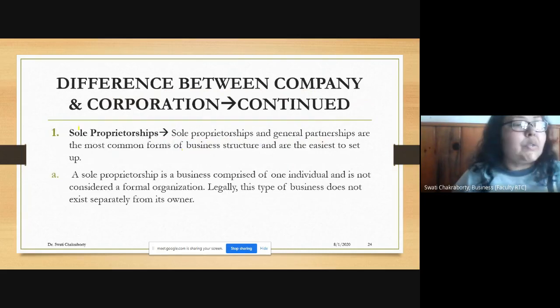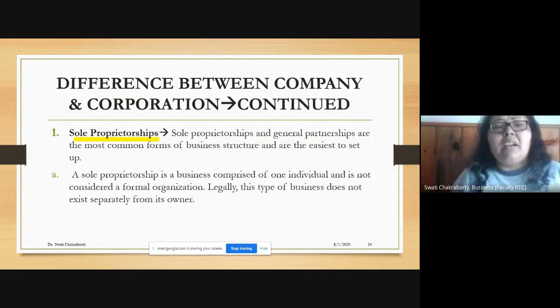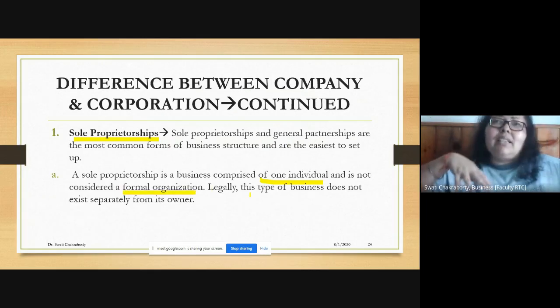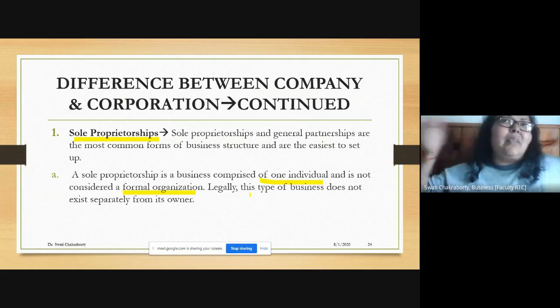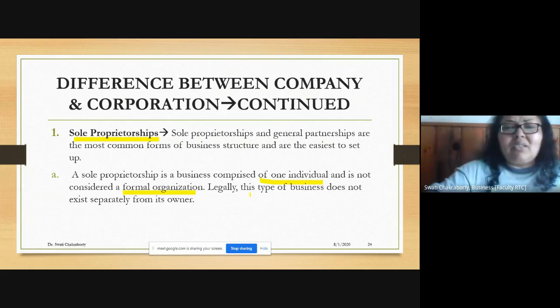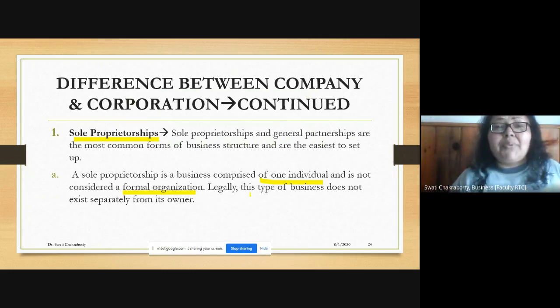Sole proprietorship, that's the first type, where the business is owned by one person. It's not a formal organization, so the business does not exist separately from its owner.